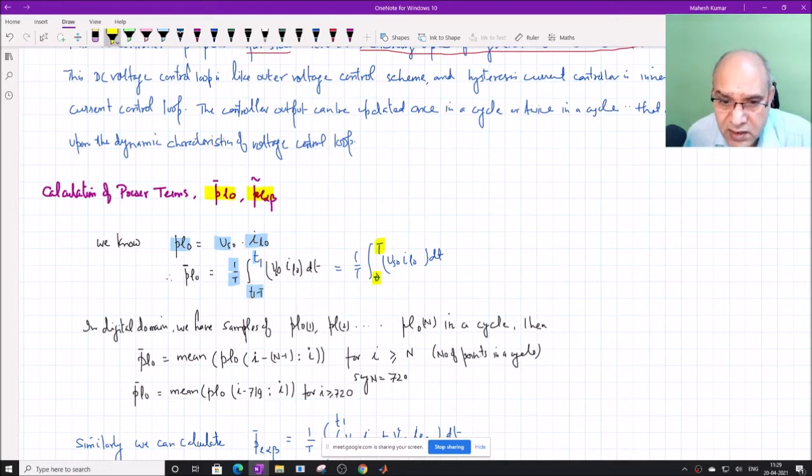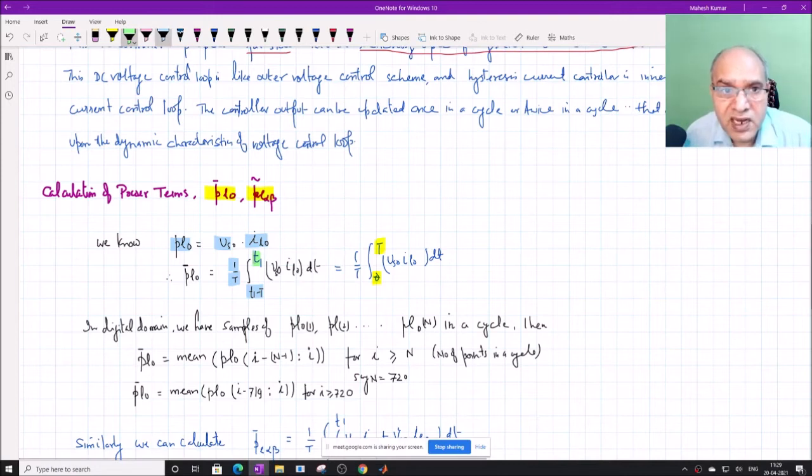Here we are not waiting. We are saying from any instant T1 back to one cycle back, T1 minus T. So there is a buffer of one cycle continuously moving from instant to instant and keep on averaging it.